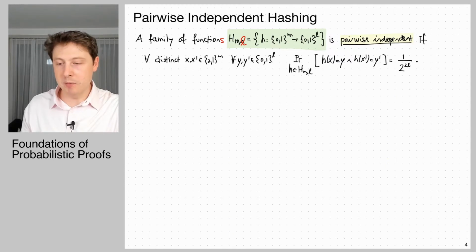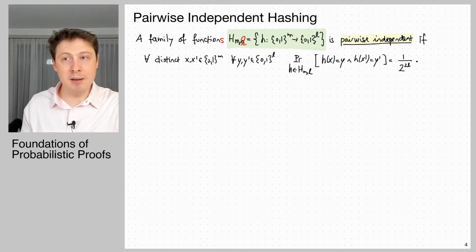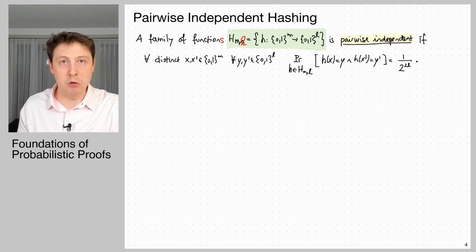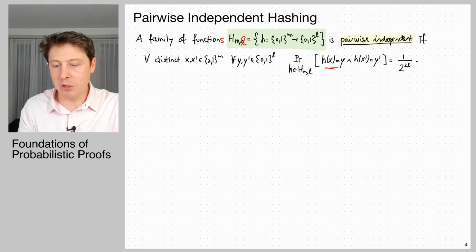We say that it is pairwise independent if anytime you take two distinct inputs, x and x prime, and two outputs, y and y prime, possibly the same, possibly not, doesn't matter, and you look at the probability that, if you sample a random hash function from this family, you have both x going to y and x prime going to y prime.